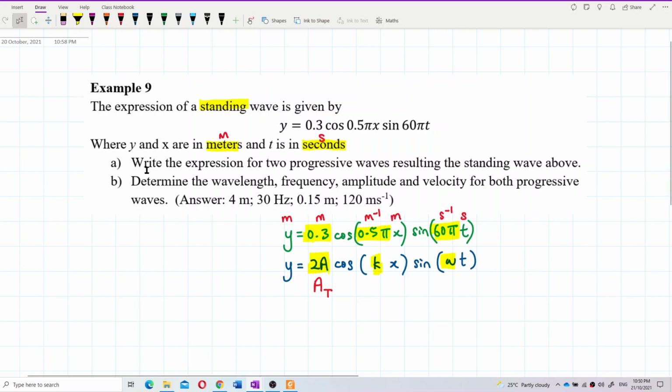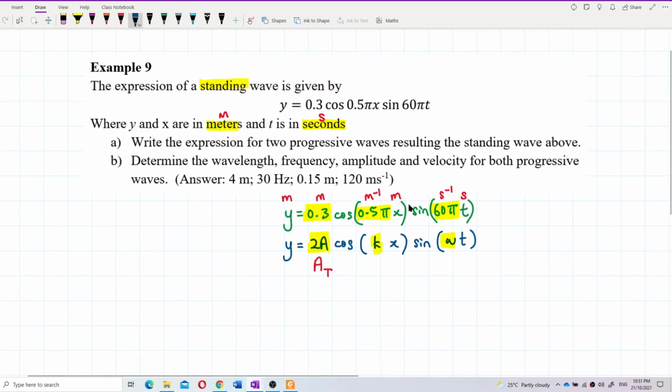Okay. So now I want you to write the expression for two progressive waves forming the standing wave above. So how do you do? What you do is question A. So write the two formula. So this is actually the y total, the total displacement.